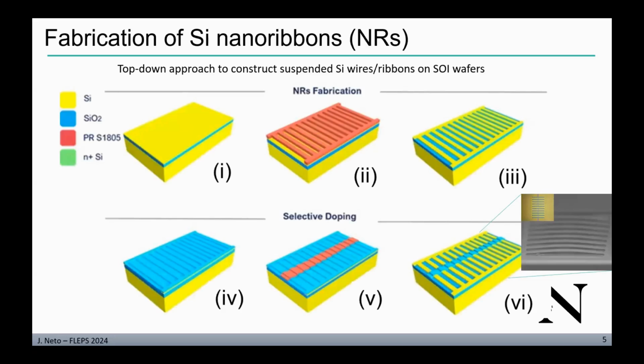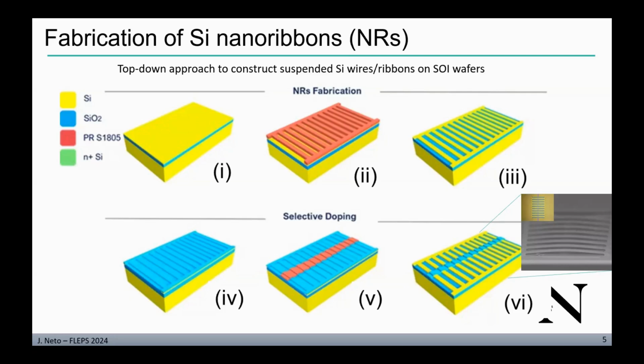In terms of fabrication of the silicon nanoribbon, we have tried both bulk wafer as well as SOI wafer. But this example is the SOI wafer. You have N-type silicon, then using a photoresist you define these structures which lead to nanoribbons eventually. The top layer here is 70 nanometers thick.